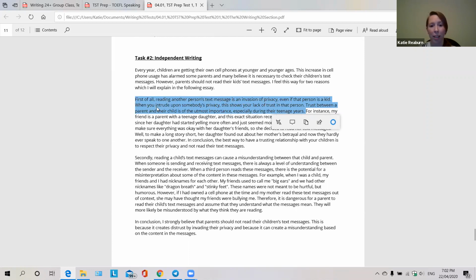We further explain how that is a bad thing. If you invade someone's privacy, that means you don't trust that person. Trust is incredibly important. So you see all of that there has really drilled in about what this person means by privacy and why losing or invading privacy is a terrible idea.